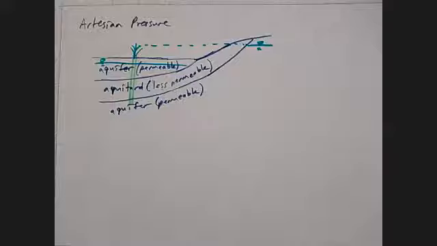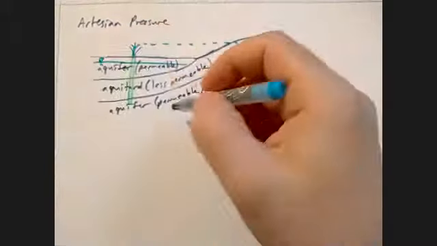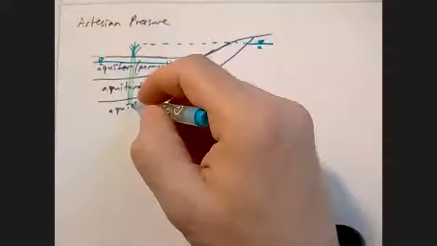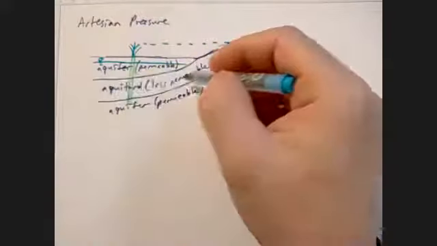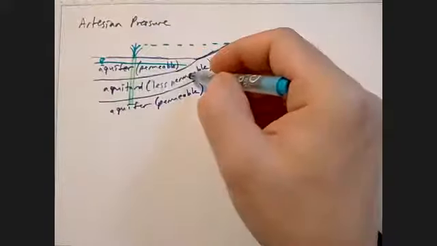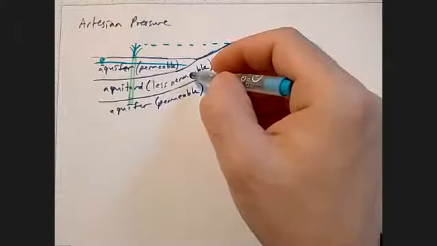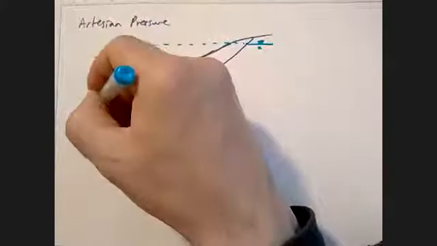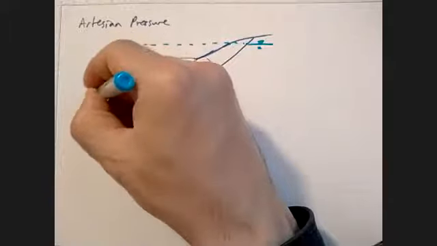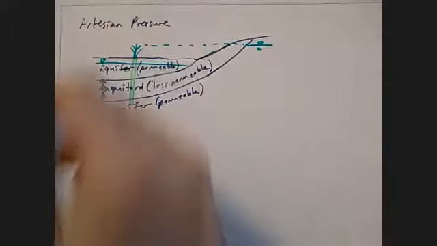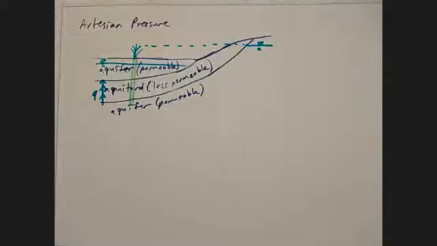So what you end up having is a high head, a low head, and a layer through which head is being lost. So you are going to have water flow like this. And while that water flows, it is going to be losing head.